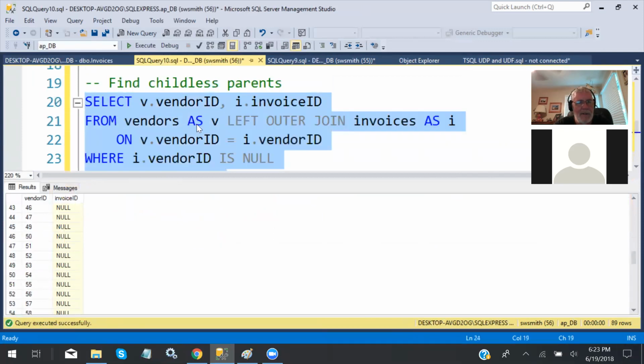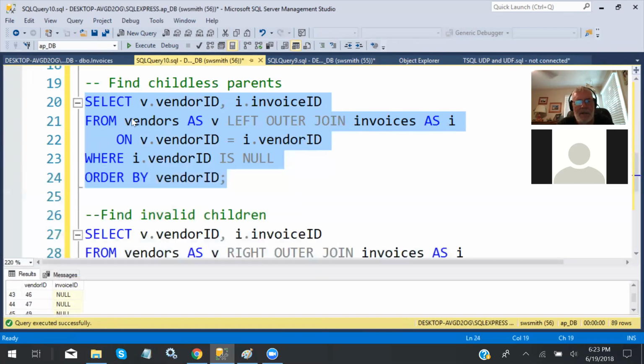So finding childless parents: the parent is on the left and the child is on the right. Left outer join, pointing at the parent where the child is null. I could switch them around, but I usually put the parent on the left, the child on the right, and then I do a left outer join.